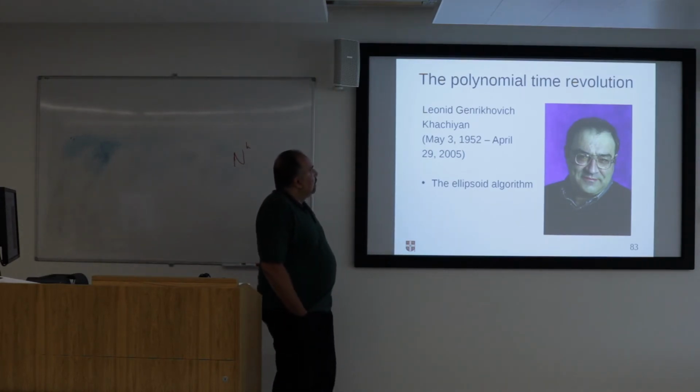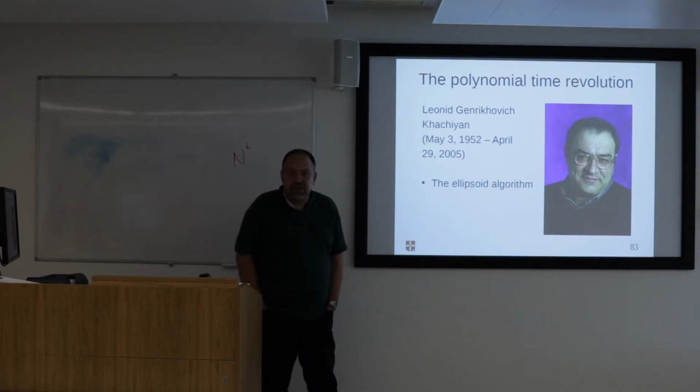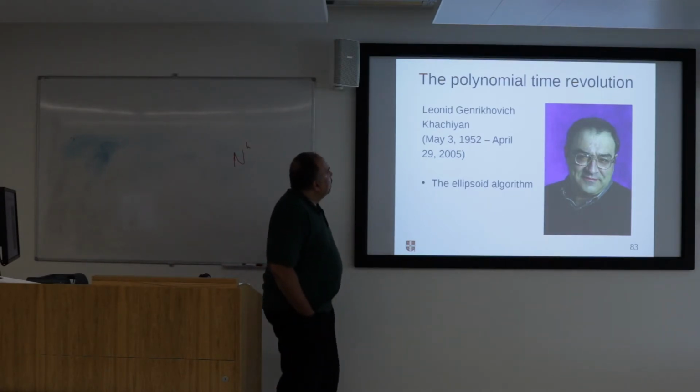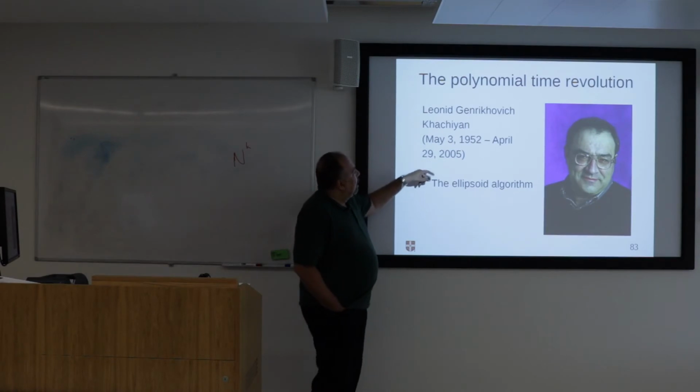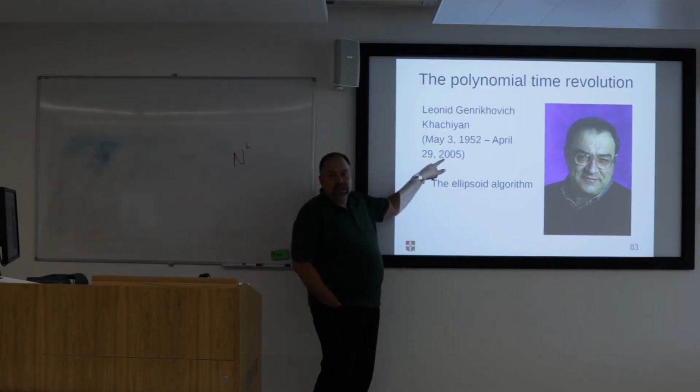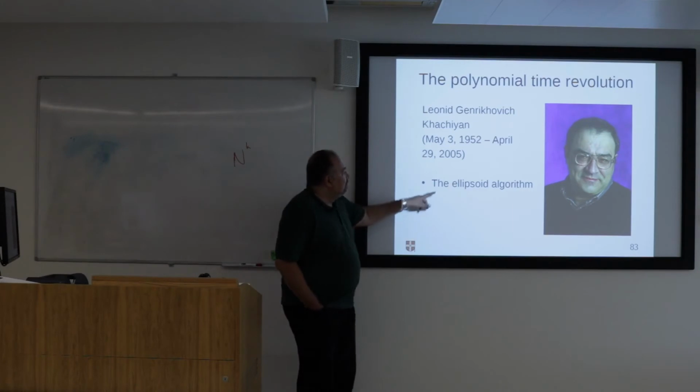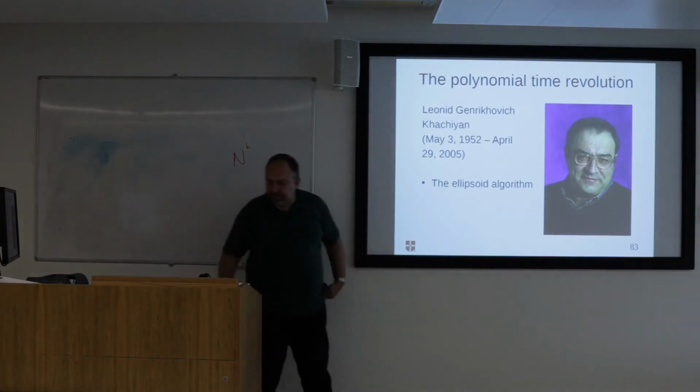It's due to another Russian mathematician, Leonid Khachiyan, who died very early in his life in 2005, who invented the ellipsoid algorithm.